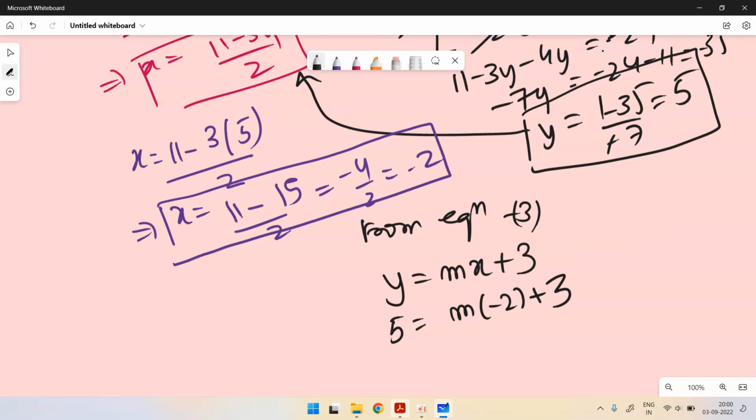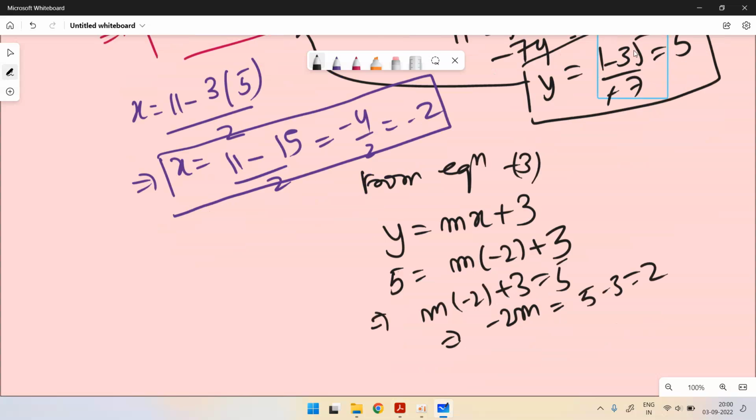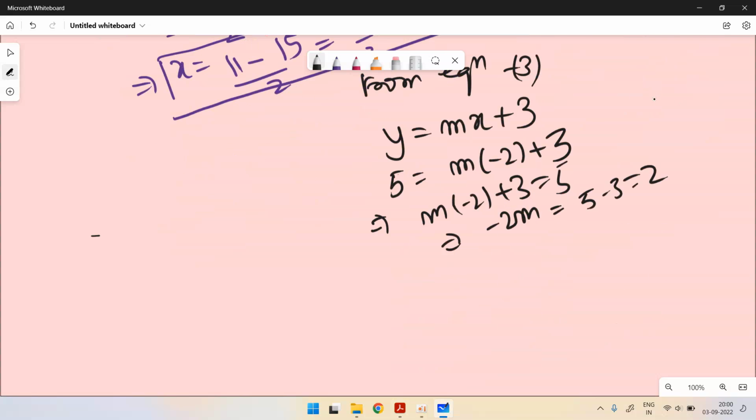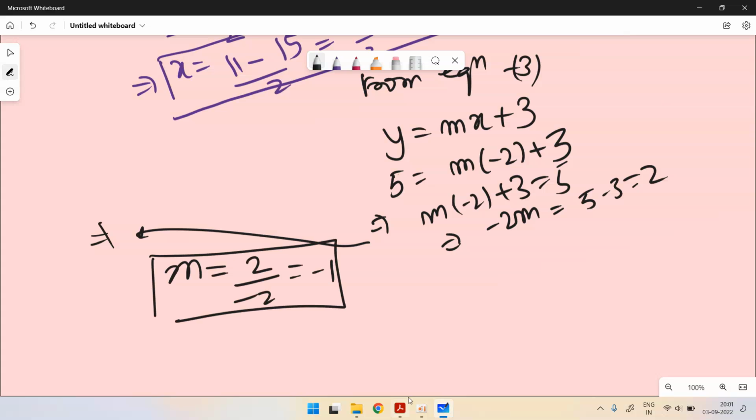If you substitute this, minus 2m plus 3 equals 5, which implies that minus 2m equal to 5 minus 3 equal to 2. Further solving, m equals 2 by minus 2, which is nothing but minus 1. The value of m is minus 1.